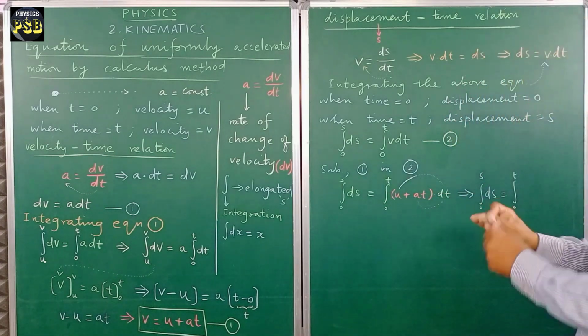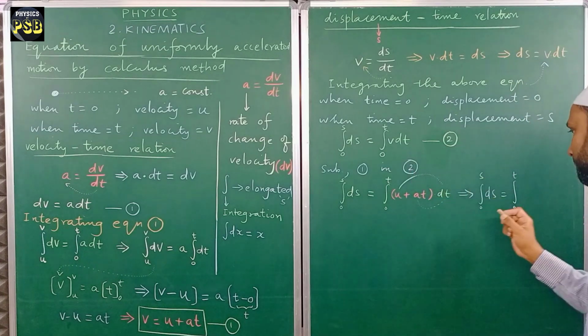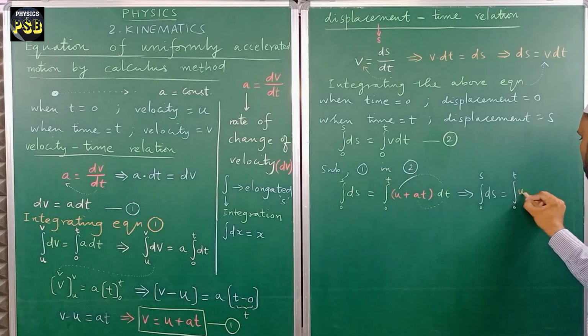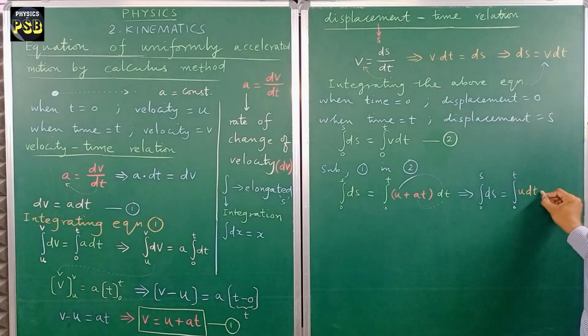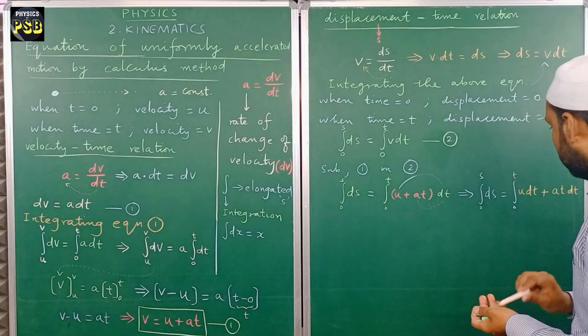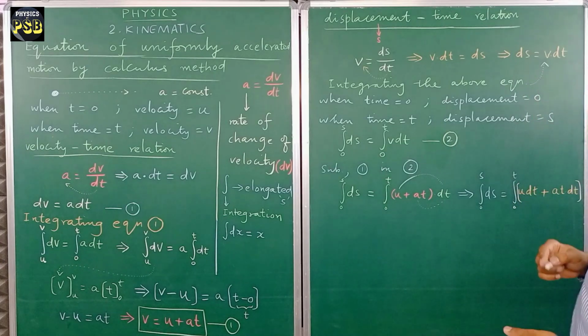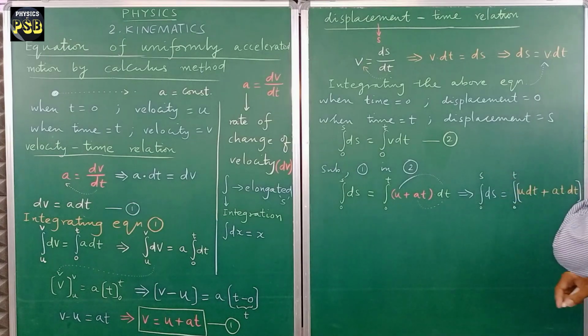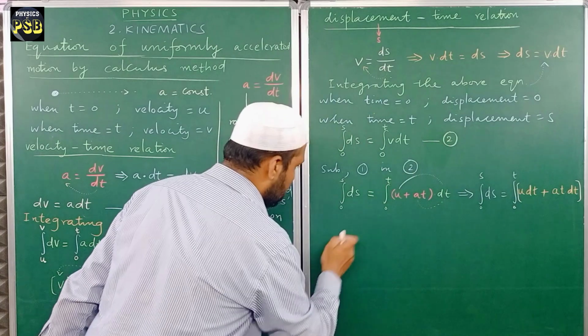Okay, and we'll do it separately because plus is present at the center between them. u dt plus a t dt. I take this within a bracket just to show you that we are going to integrate the whole term. Clear? Now again I will expand this.